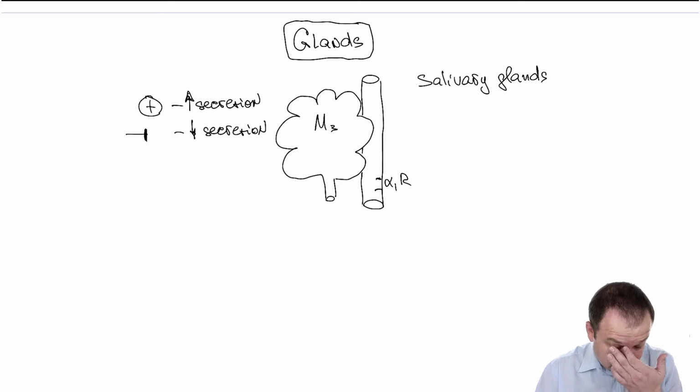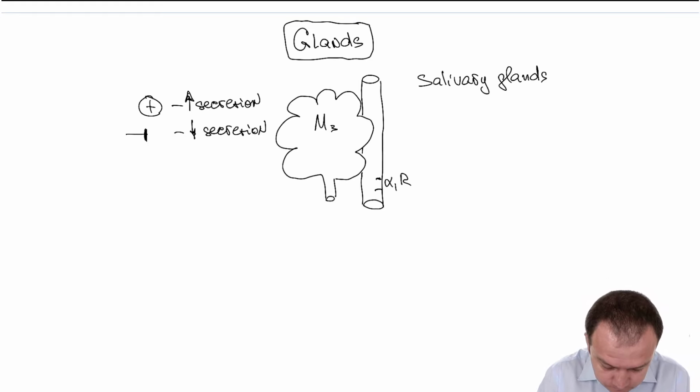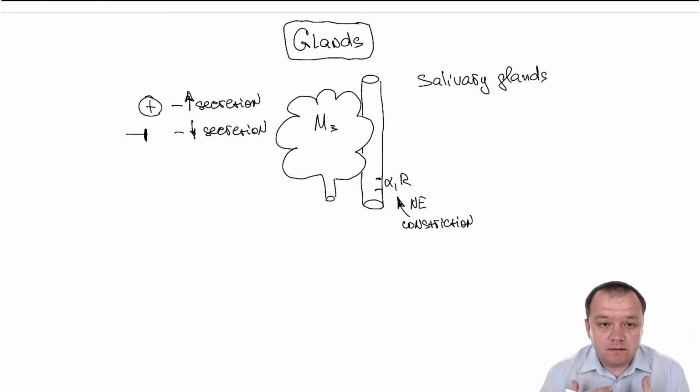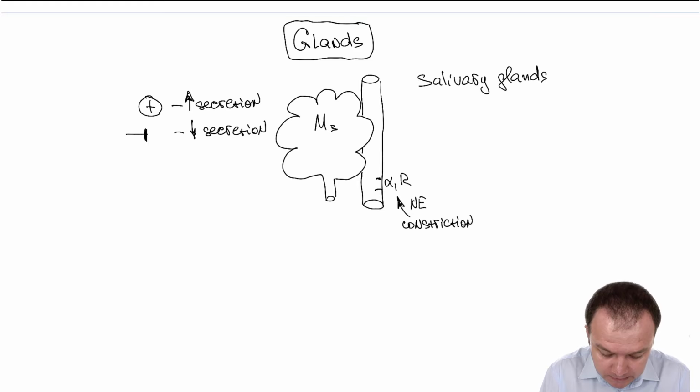So activation of sympathetic nervous system with norepinephrine causes constriction of vessels, and less fluid, less blood coming to the glands, and this decreases secretion also.